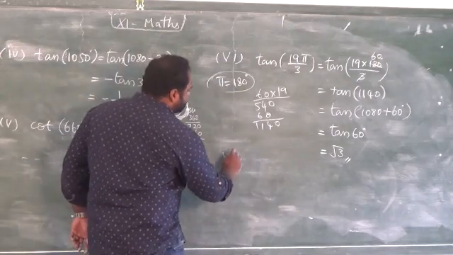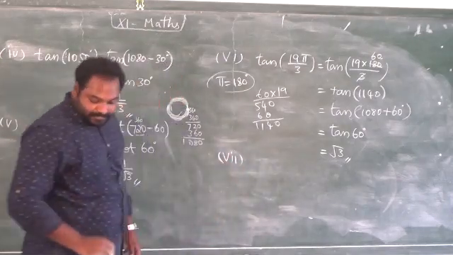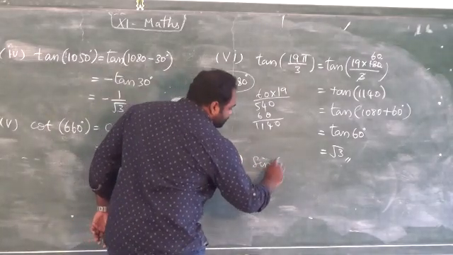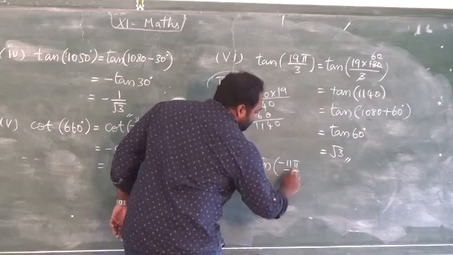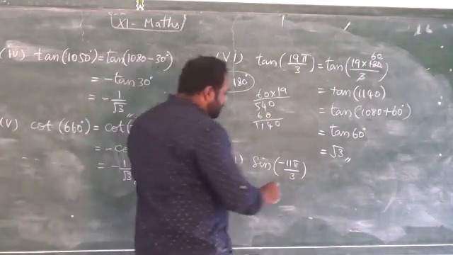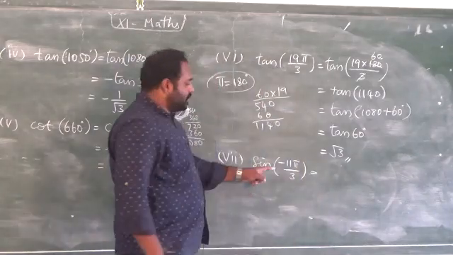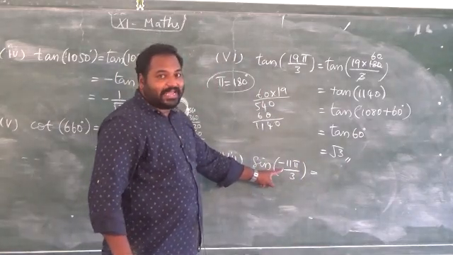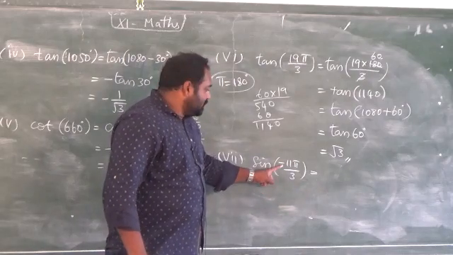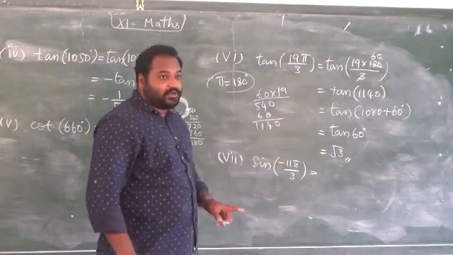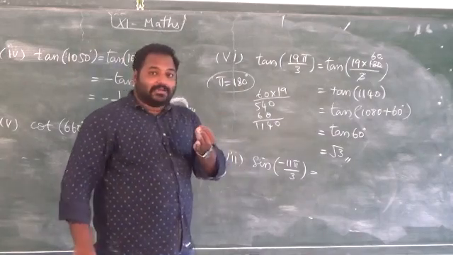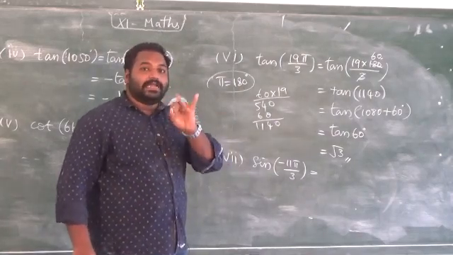Next, problem number 7, sin of minus 11 pi by 3. I already told you, you have to be very careful when you have a negative value in the place of theta. You have to take this negative outside when you have odd functions, which are sine, tan, cosecant and cot.